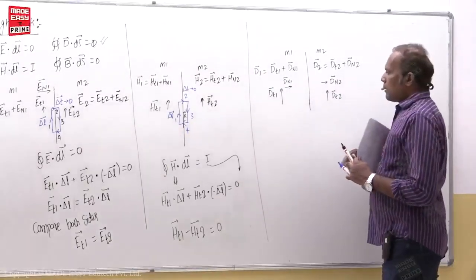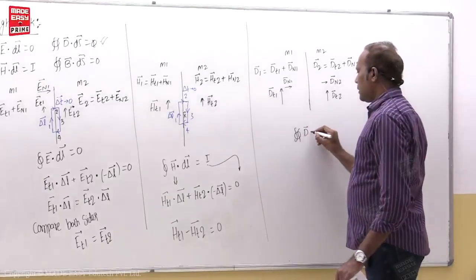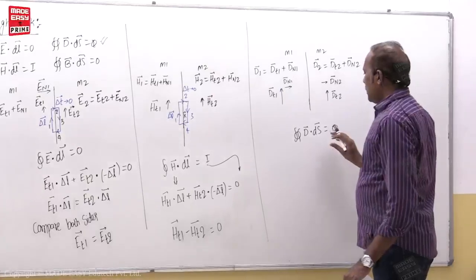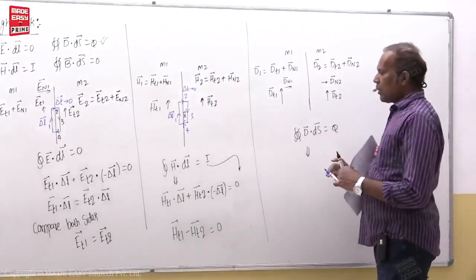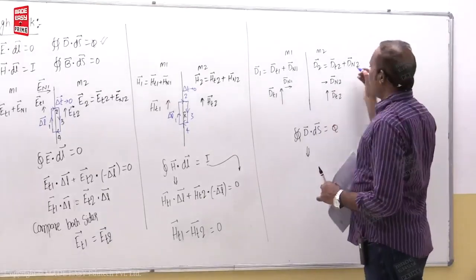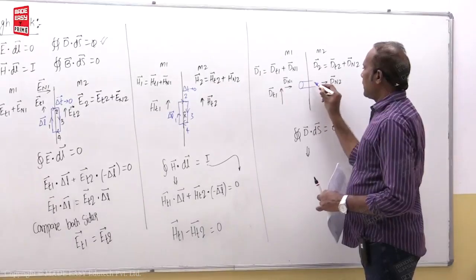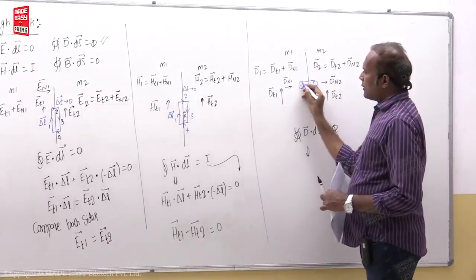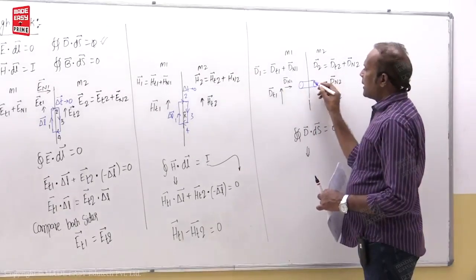Now you are going to do this derivation, that D bar dot dS bar is equal to Q. To derive this, you have to take a closed surface. I will take a cylinder, for example, like this. This circular surface is one surface, this is also one surface, but the cylinder has a side surface.